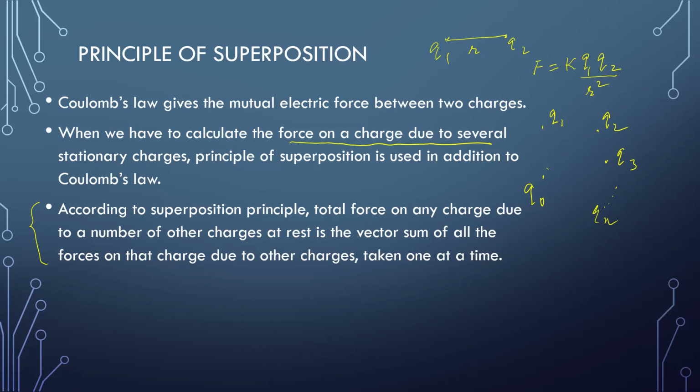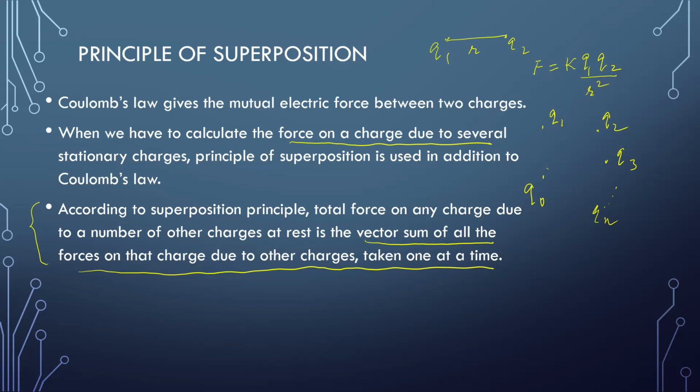That is, what is the total force between the two charges, okay? And then we will write that particular relation. Similarly, we will find out the force on the charge Q0 due to the charge Q2 and Q3 and so on, one by one. And then we will find out the total force, and that will be given by the vector sum of all the forces on that charge due to the other charges taken one at a time.